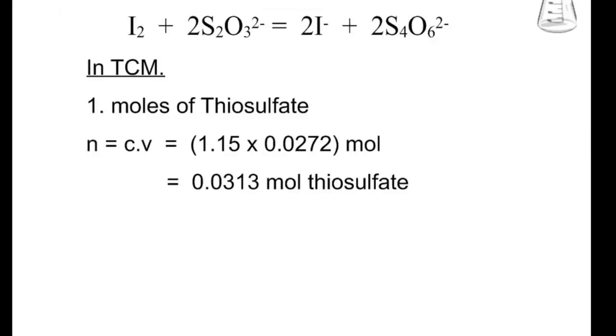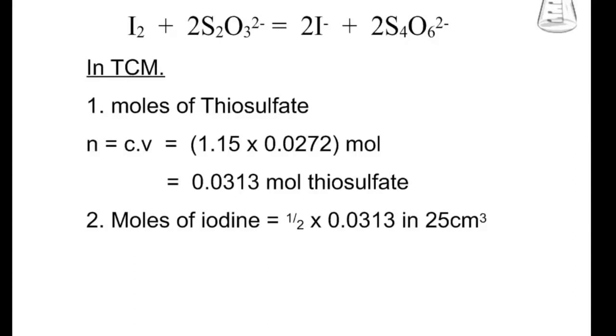So here you see I'm looking at the tetrachloromethane layer, TCM, and I'm using n equals CV. I'm putting in the information, concentration 1.15, the volume changed from cm cubed to dm cubed, and that gives us 0.0313 moles of sodium thiosulfate dispensed.